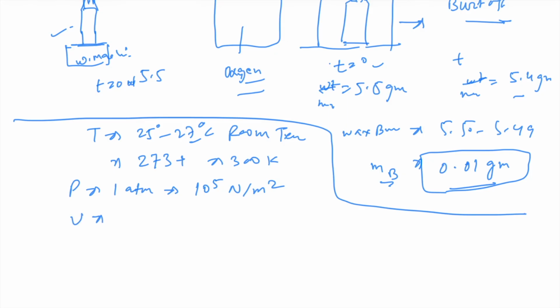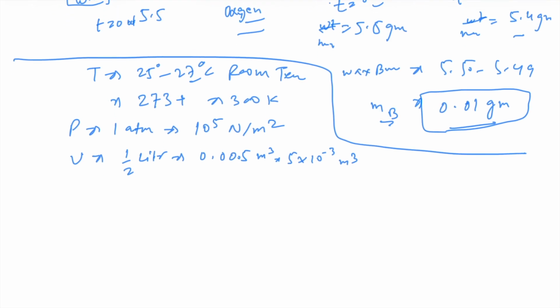Volume of the glass was like half liter. Half liter would be 0.005 cubic meter, so maybe 5 into 10 to the power minus 3 meter cube, right?